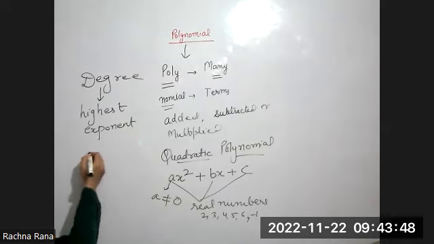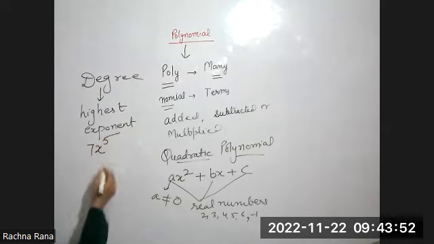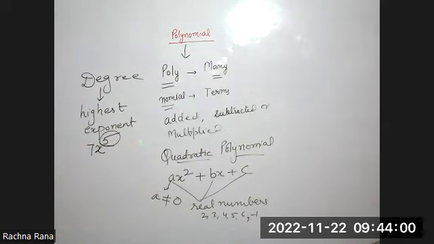For example, here we take 7x raised to power 5, 2x raised to power 2, 3x raised to power 3.